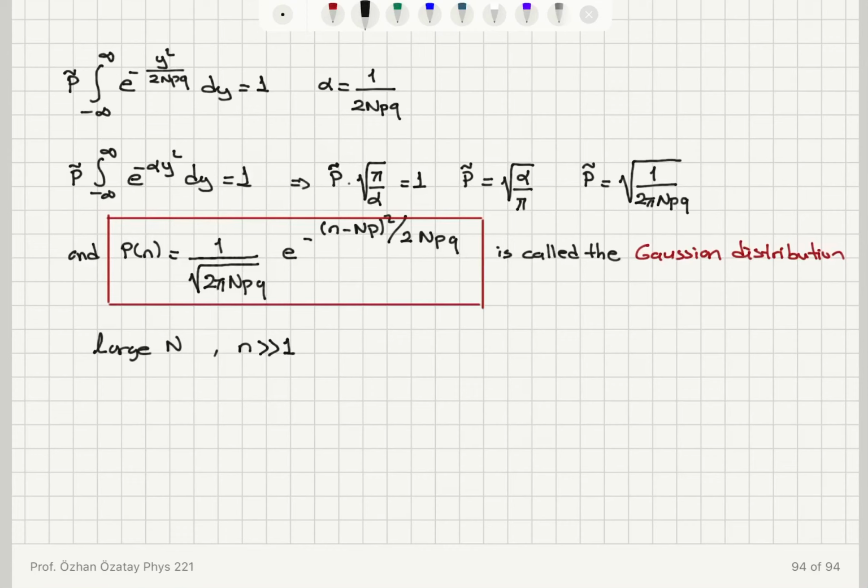So we should not be looking at n close to 0 or capital N. We should be rather in the middle. Actually, it is a better approximation when n is close to n tilde, which is capital N times p. So this is the limit in which this probability distribution function will represent the binomial distribution in the continuous limit.